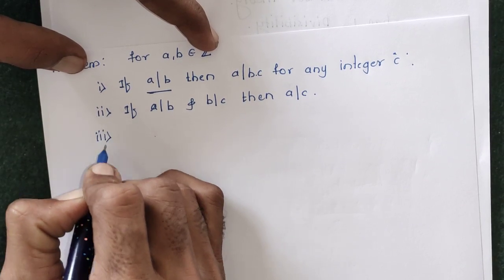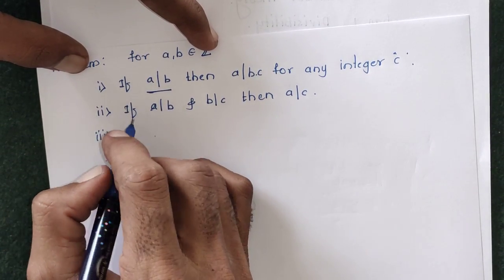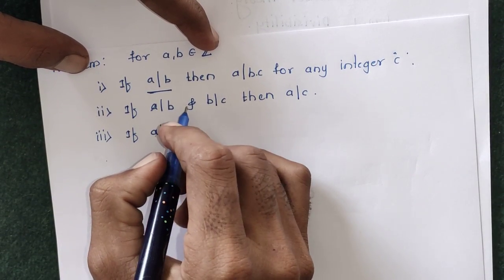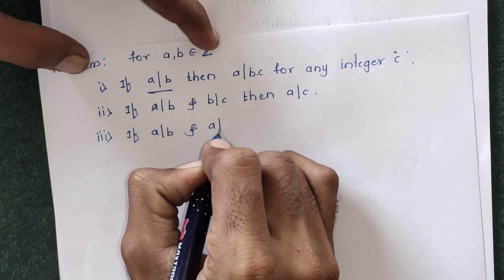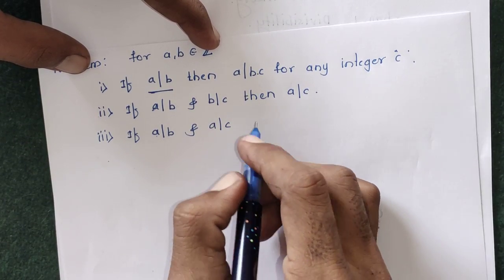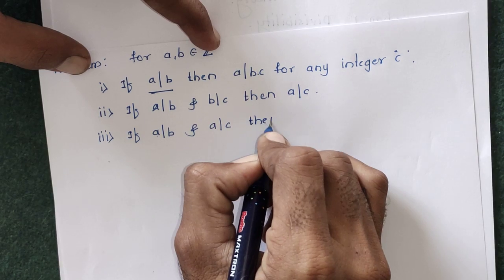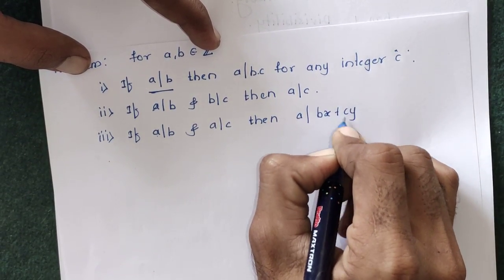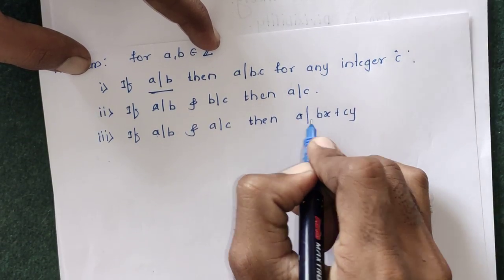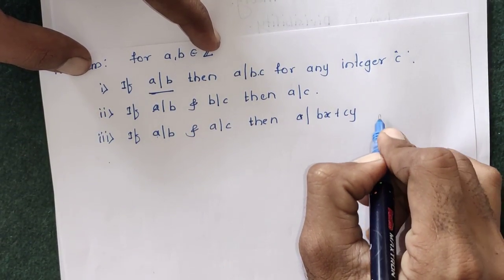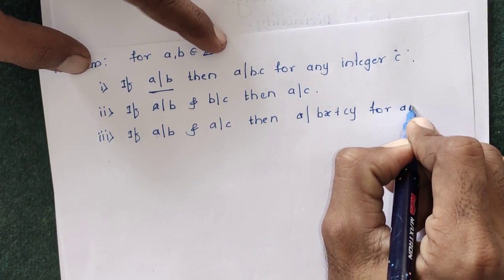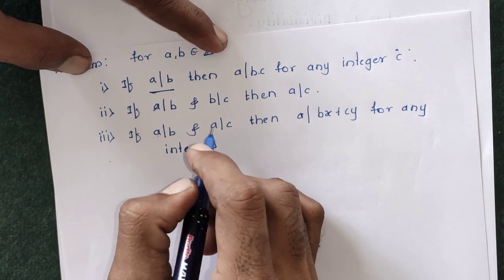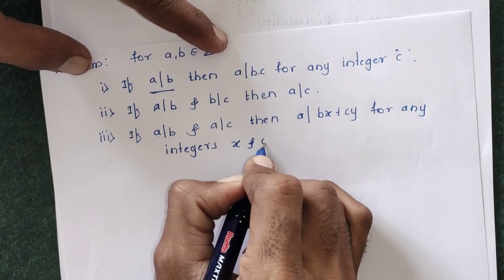The third statement is, if a divides b and a divides c, then a divides bx plus cy for any integers x and y.